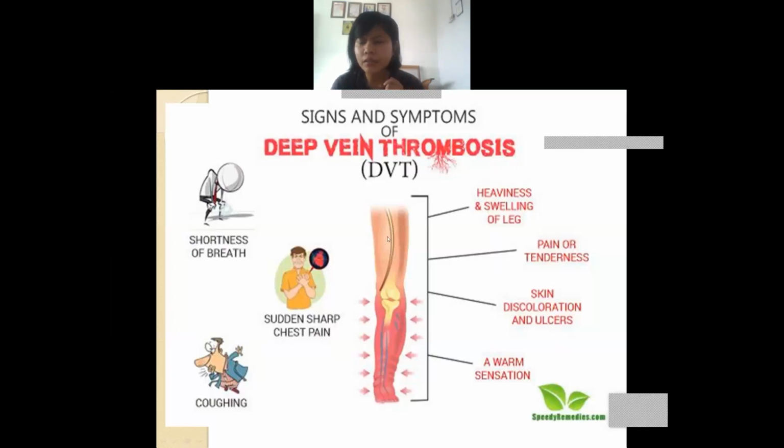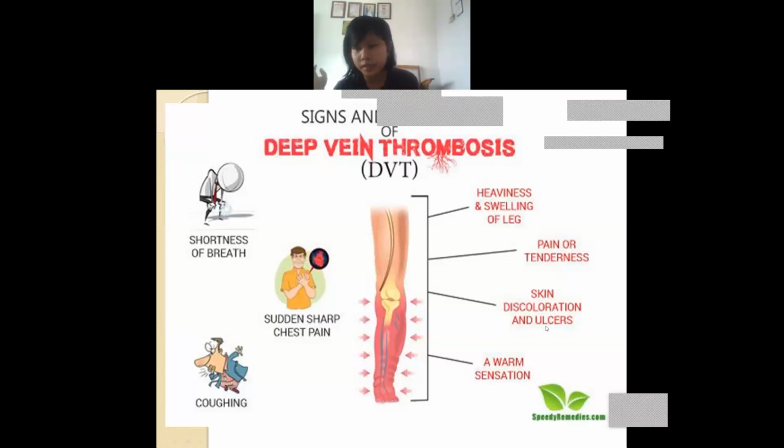Obviously, the person will feel heavy in the leg, that is in the extremities, and the person will also feel pain, and it will also be tender. Tender means it will become sensitive, the area where the leg is affected.